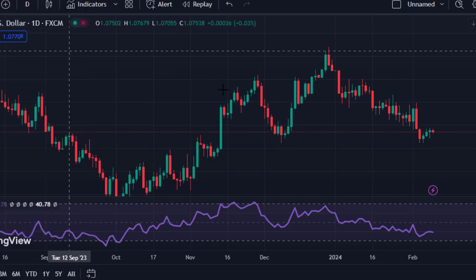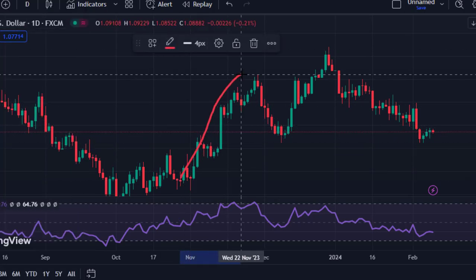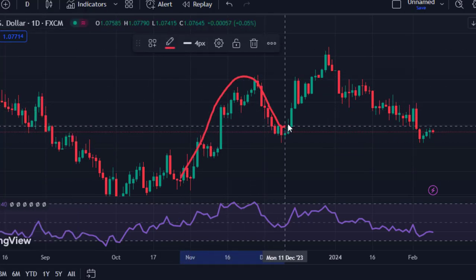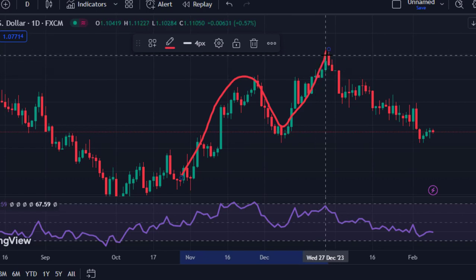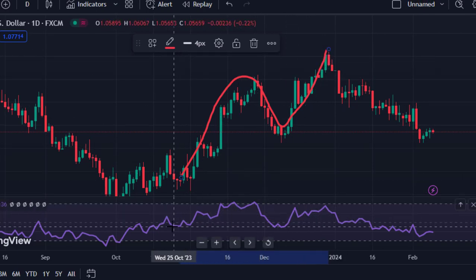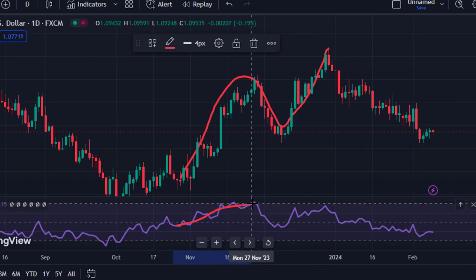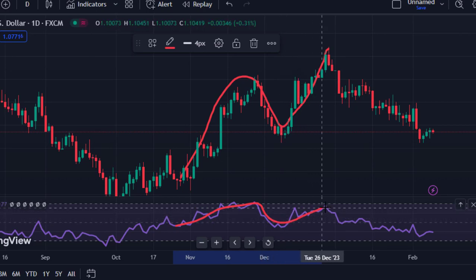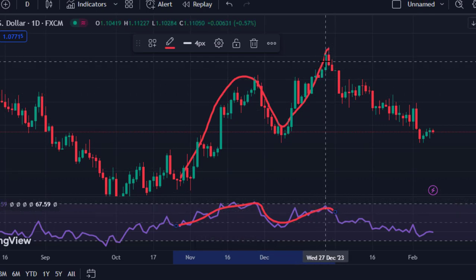The market moves upward from this very point, okay, and then we have a retracement, and the market moves up again. Now, on the indicator, you see the market move into the overbought condition and then come out of the overbought condition, but could not enter into the overbought condition again at this very point. But what we see on the price chart was the creation of a new high.